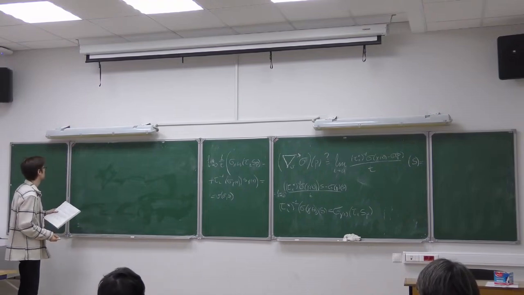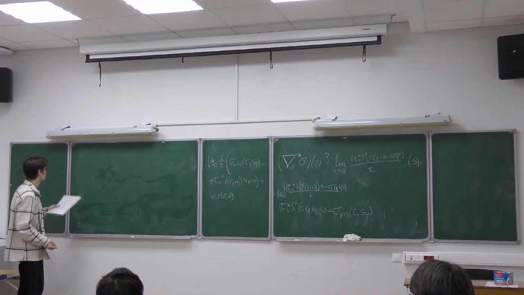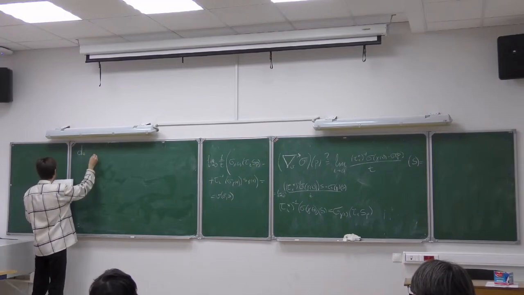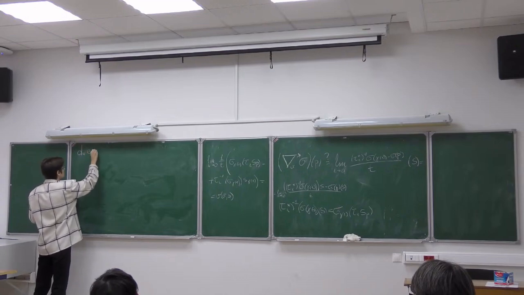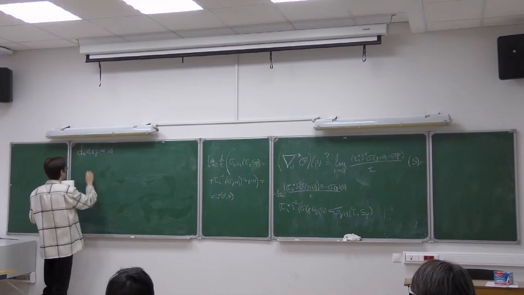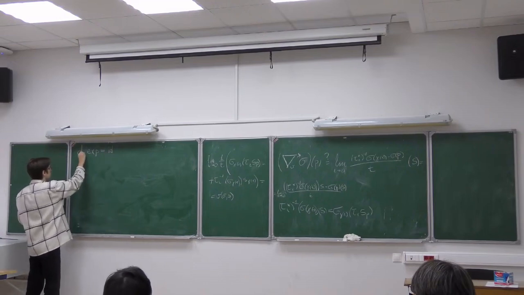So actually the only thing that we need to prove is that the differential of the exponent is the identity at 0.